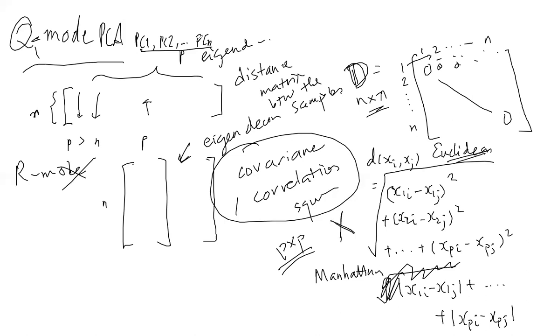So you can still find clustering patterns using Q mode PCA, by checking the low dimensional plots for the principal components. But there's one main big difference between Q mode and R mode. In Q mode, the PCs are not interpretable.